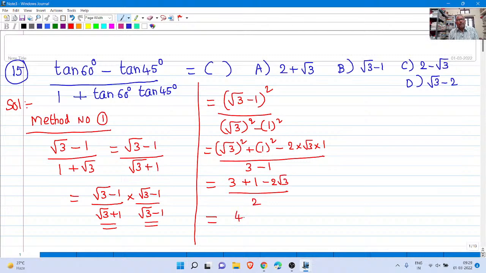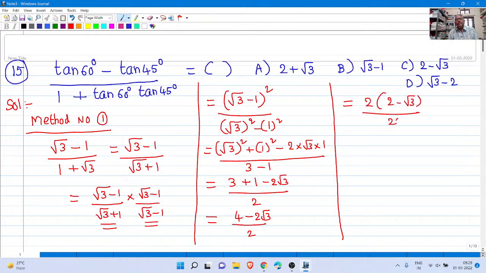This is 4 minus 2 root 3 upon 2. From the numerator, let us take 2 common. See my dear students, if you take 2 common out, what do you get? 2 minus root 3 upon 2. 2 will cancel out. So our answer is 2 minus root 3. So C is the right option.